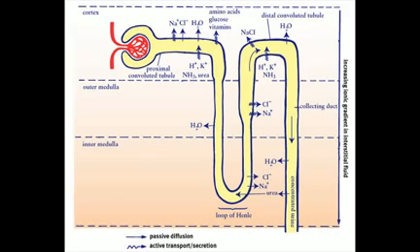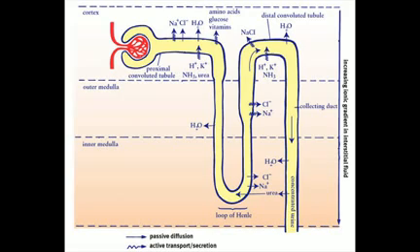Now in another way you can say the dirty blood containing waste like urea, which is brought by the renal artery, enters the glomerulus.